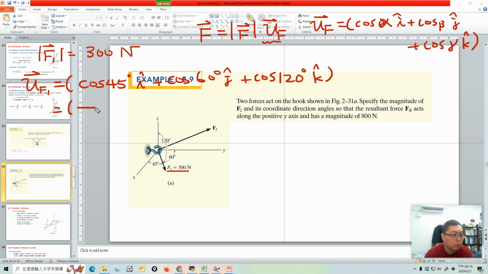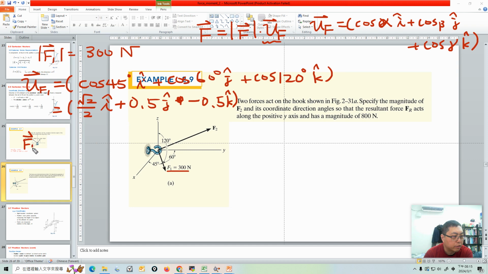What's the value of cosine 60? I need a calculator. It's 0.5 j. Plus cosine 120, that's minus 0.5 k. So we have the unit vector of the force one vector.